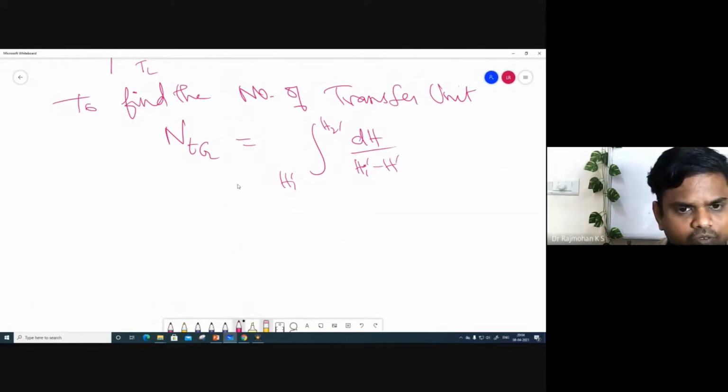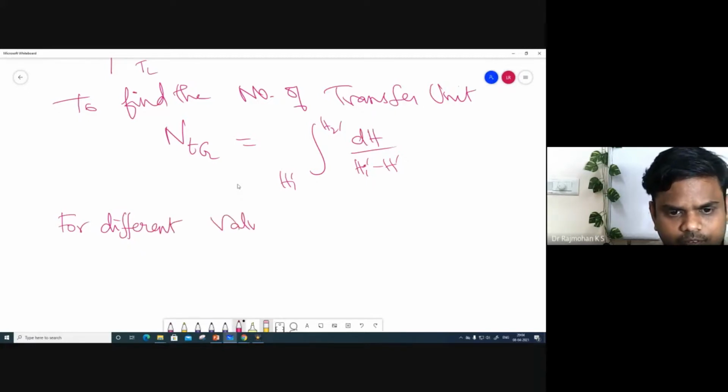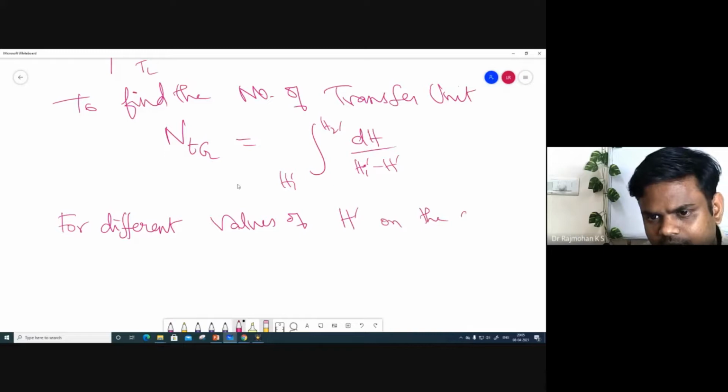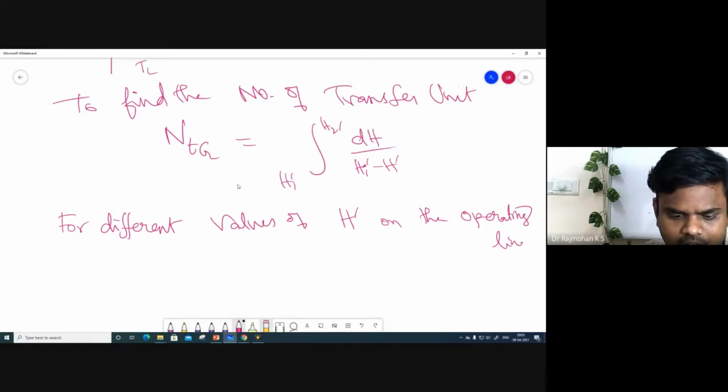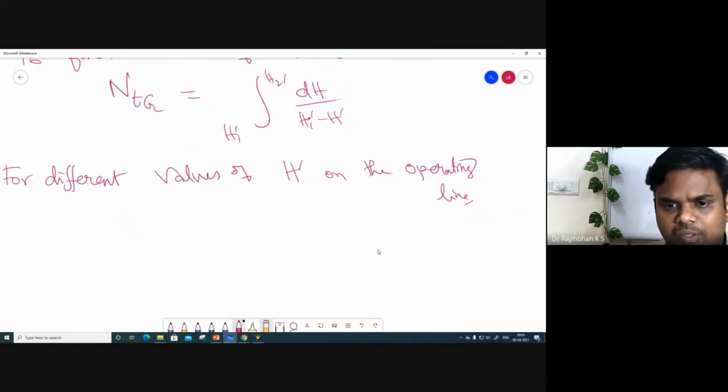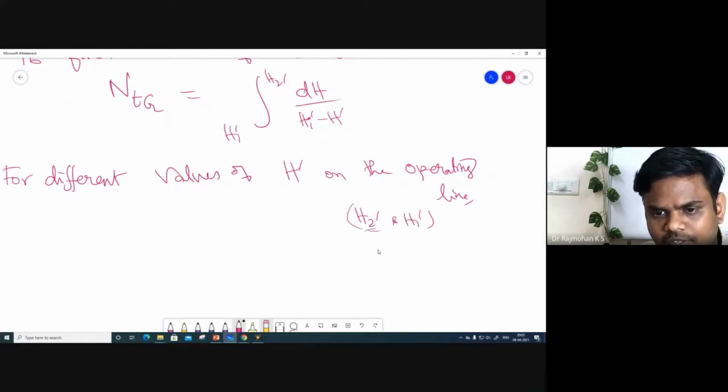First, to find this NTOG, the number of transfer units, for different values of enthalpy H dash on the operating line, it should range from our extreme values, H2 dash and H1 dash, the enthalpy of the outlet gas and the gas in.